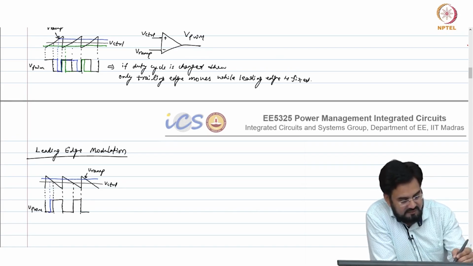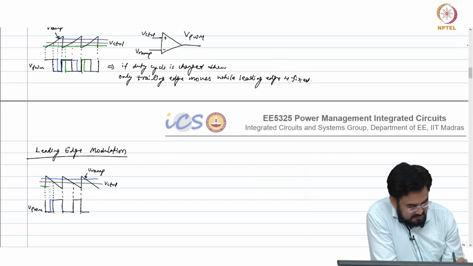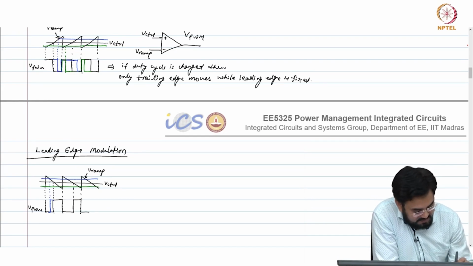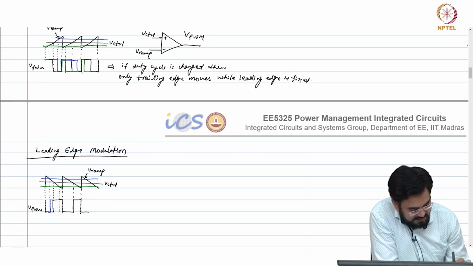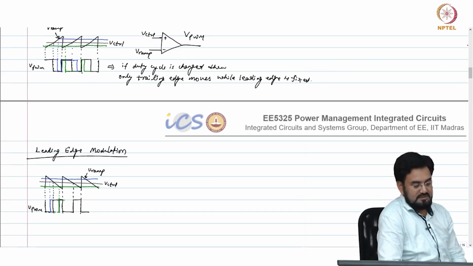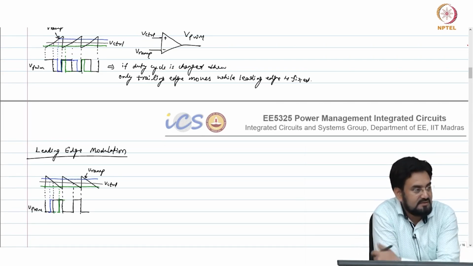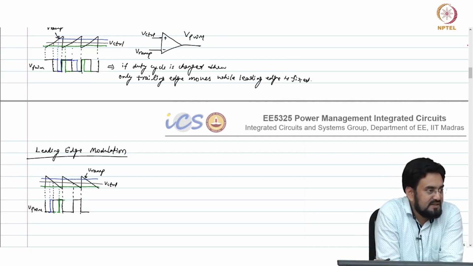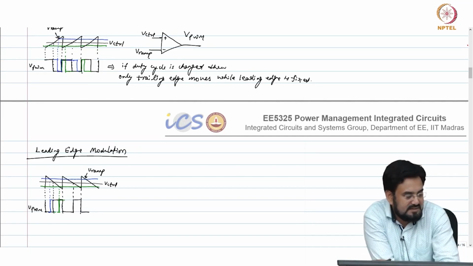And if I have a lower value of V control, then this leading edge will move here. So which edge is moving here? Trailing edge is fixed and leading edge is moving.